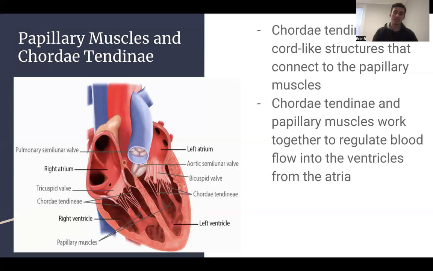So we have the chordae tendineae, which are cord-like structures that attach to the valves and the papillary muscles. When the papillary muscles contract, they pull on the chordae tendineae and allow blood to flow into the ventricles to be pumped through the heart, oxygenated, and sent to the rest of the body.